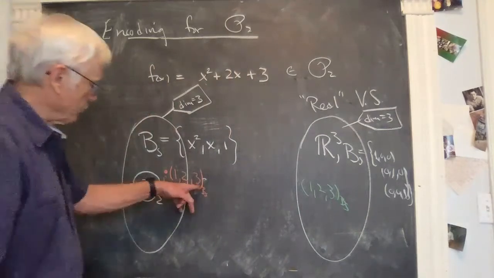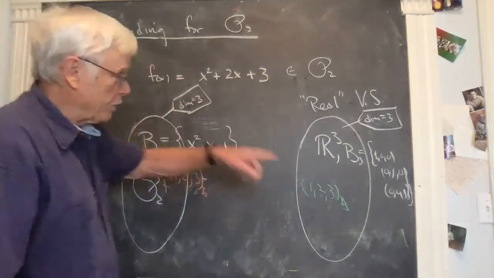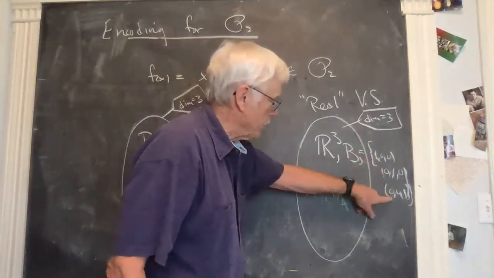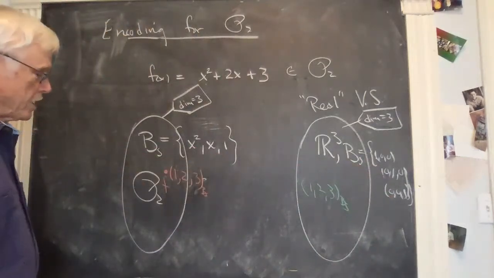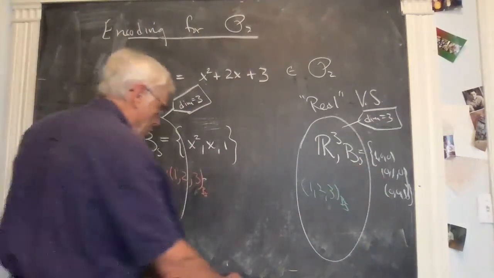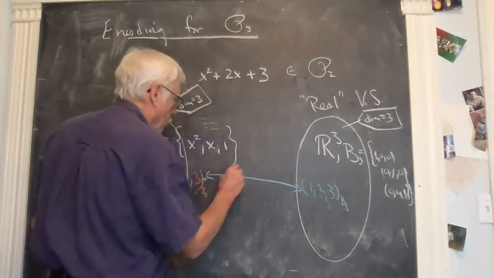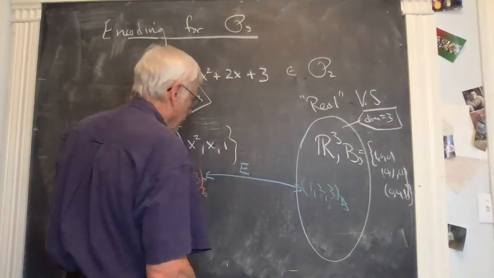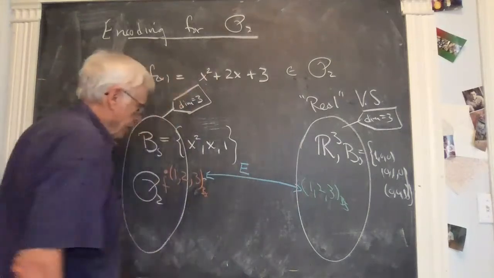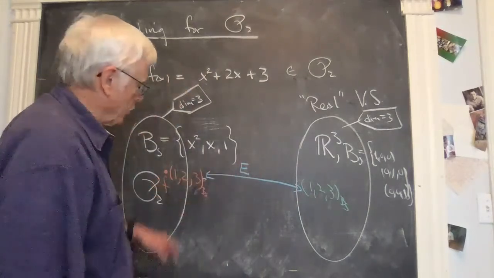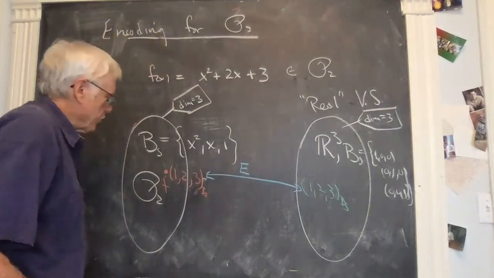Now you might say these look pretty much the same, except this one is rust and this one is green, but they're quite different because this standard basis is vectors, and this standard basis is functions. But in a way, they are the same. So this is the encoding function. I'll call it E, which looks like the identity. 1, 2, 3 maps to 1, 2, 3, but it is not exactly the identity. But the structure is the same.